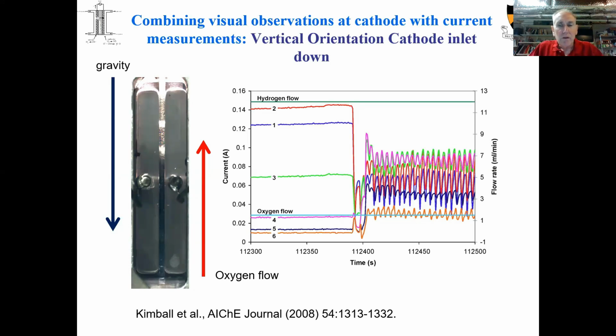Models people have tried to use for fuel cells assume a uniform composition and a uniform current density in their fuel cells. What we've actually shown here is that you can get very regular spatial temporal oscillations.